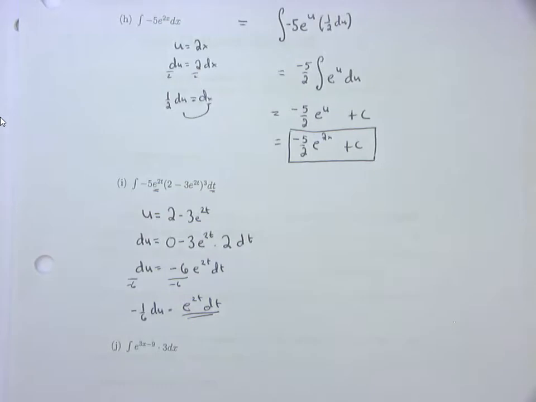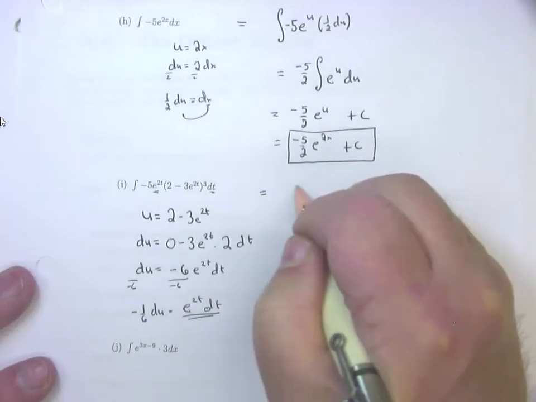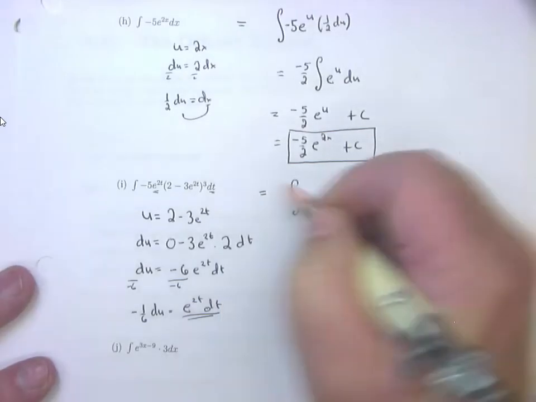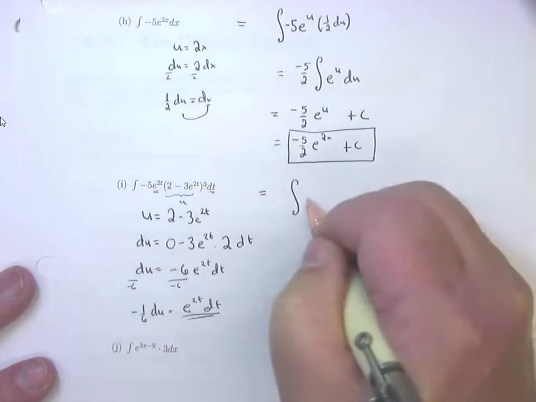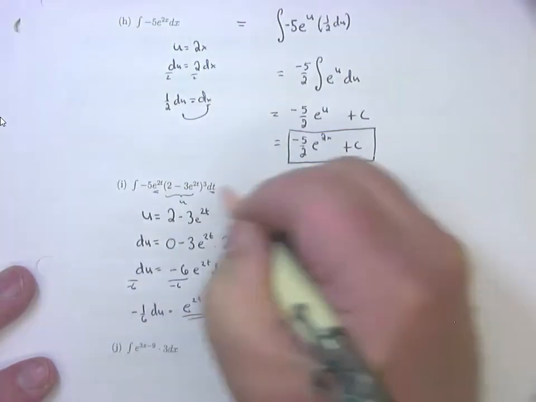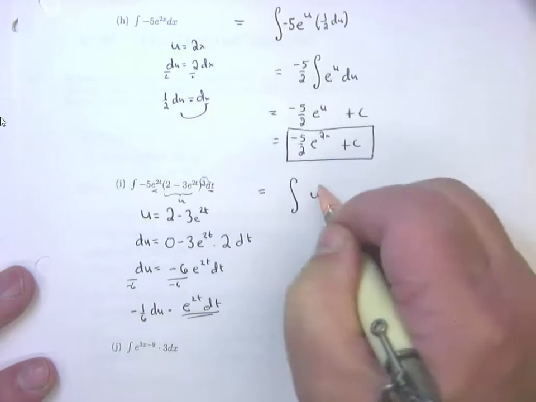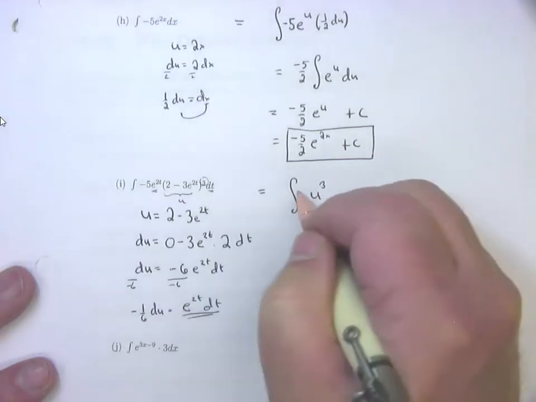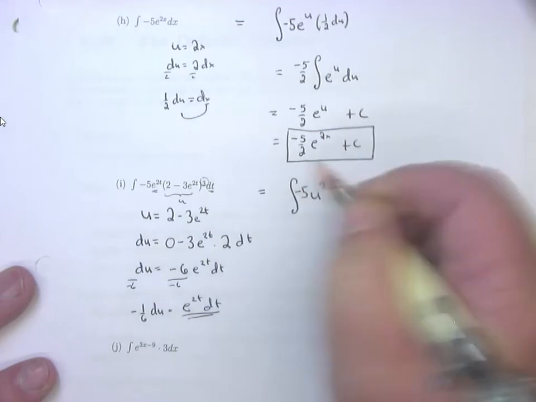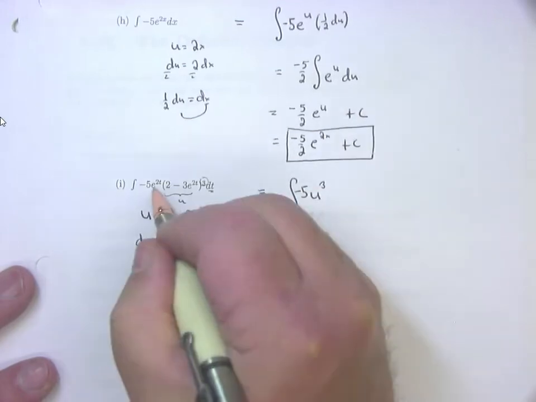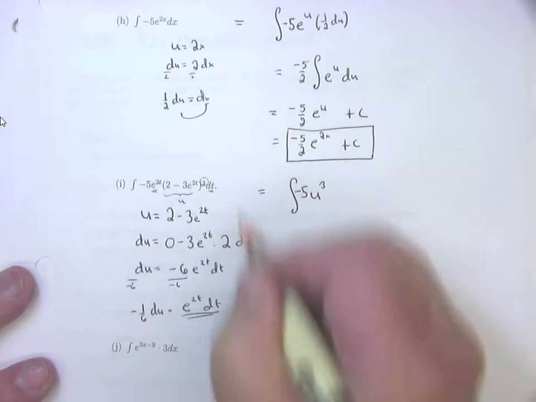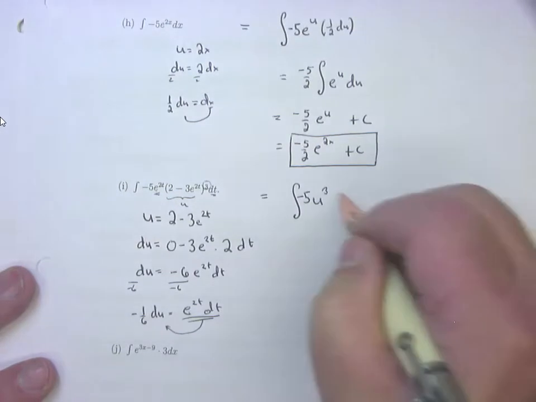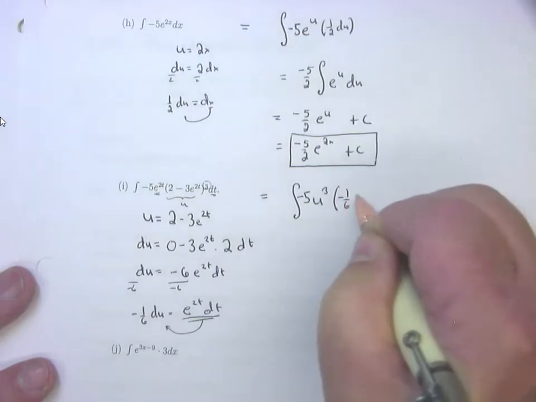So when I substitute, this will turn into the integral. This part was u. And what are you doing to this u? You're raising it to the third power. Negative 5 is a constant. It holds over. Constants just hold over. But the e to the 2t dt gets replaced with a negative 1/6 du.